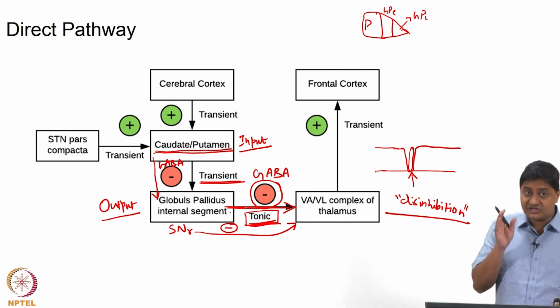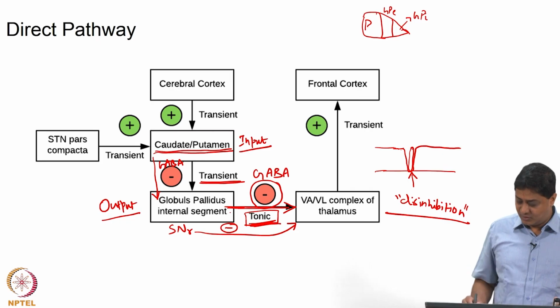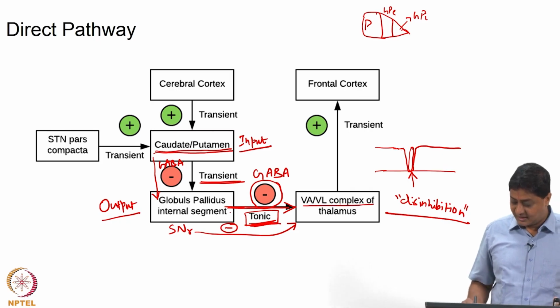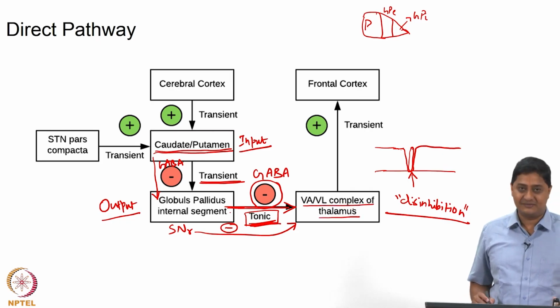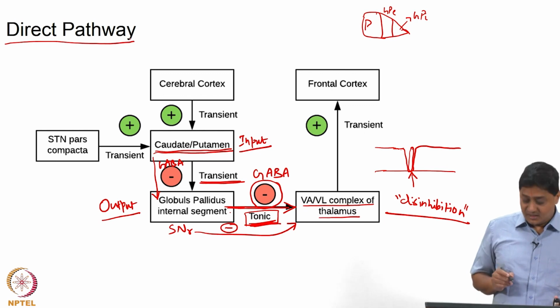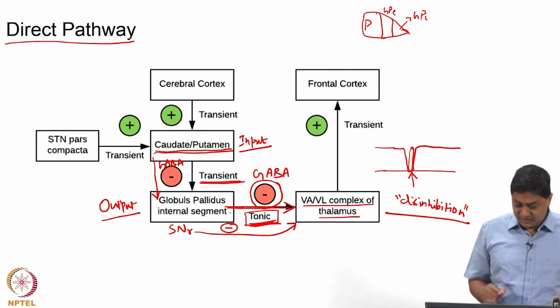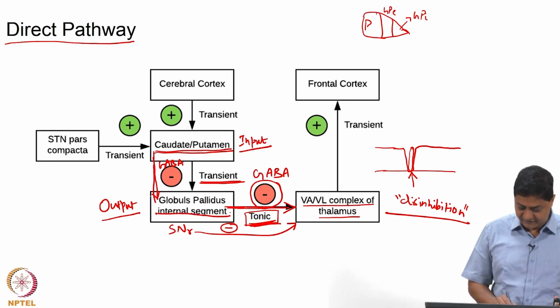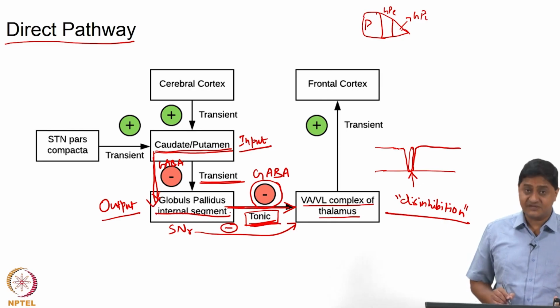So, whenever striatum sends an input, for a brief amount of time the thalamocortical neurons are disinhibited, because the connection to the globus pallidus internal comes directly from the striatum. Because of this reason, this is called the direct pathway.